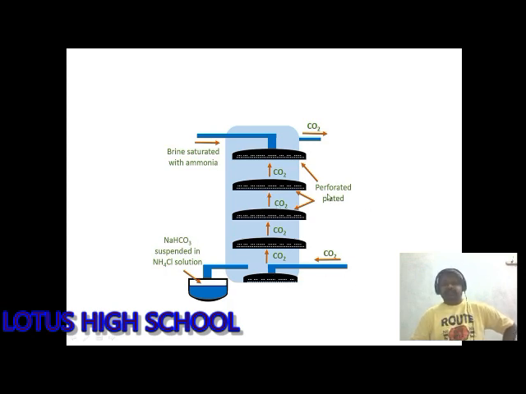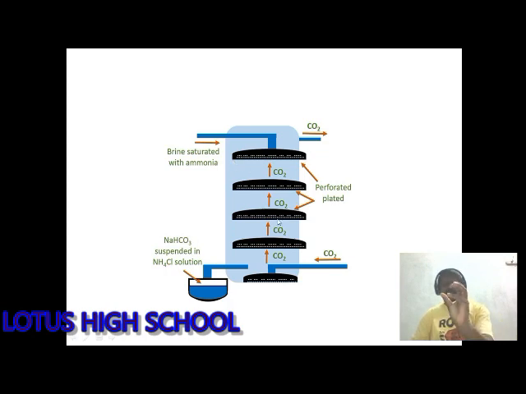See here, the perforated plates. The brine solution saturated with ammonia falls on this plate, and this plate, and this plate, and from below we send the carbon dioxide gas. So the carbon dioxide gas reacts with the brine saturated with ammonia.